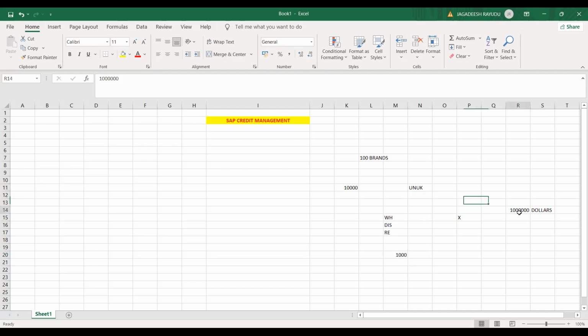So this is the target for him. My company is running in such a way that, to encourage my customers to boost the sales, I have introduced that you need not pay the total amount immediately. You can take the stock as a distributor or wholesaler from me, and you can sell it to your end users, that means your customers.